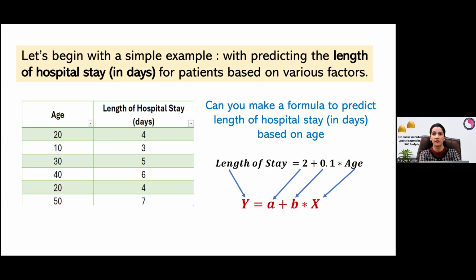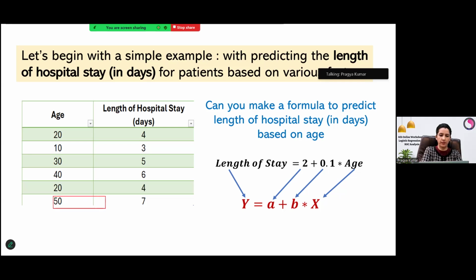Okay. So the equation you can see here: length of stay is equal to 2 plus 0.1 into age. That's the simple formula. If you take this example, let's say 50.